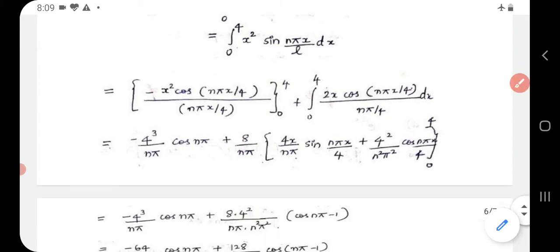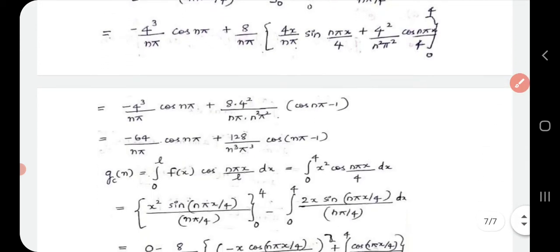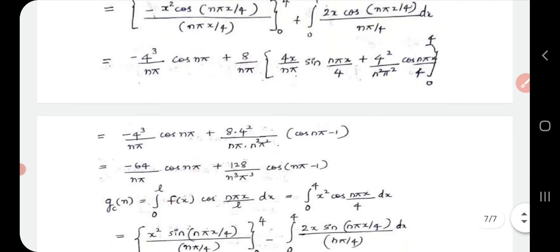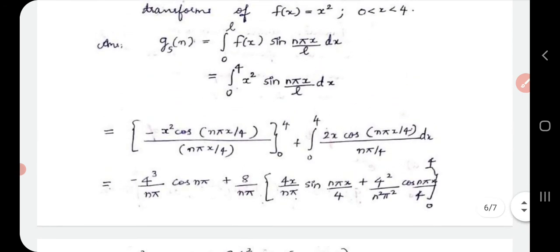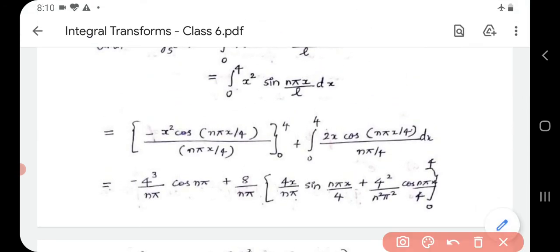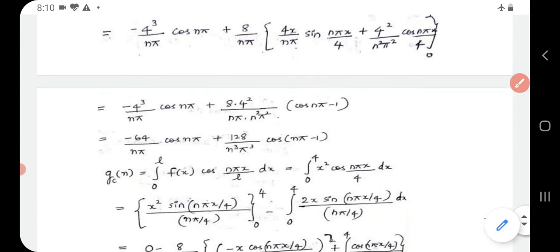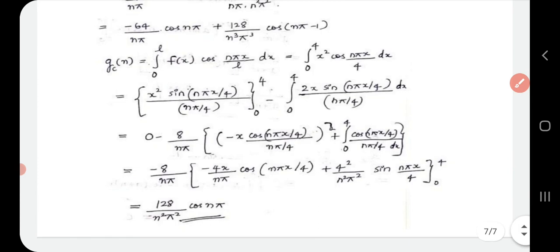I have worked out a few steps, so please go through those steps, or you can work it out in your own way. This is the way that I have worked out, so follow your own steps first, because this is the term that you have to integrate. Just write it down, integrate it yourself, and finally check whether you are getting the answer as 128 by n square pi square cos n pi.